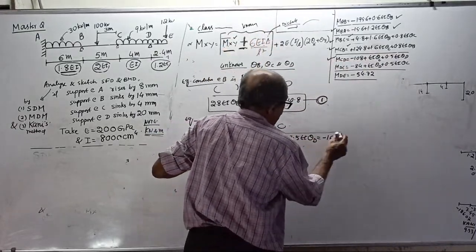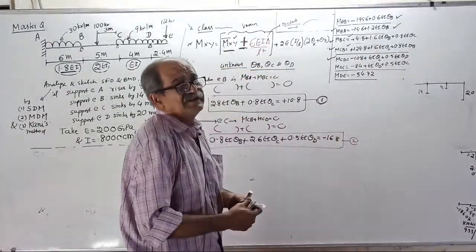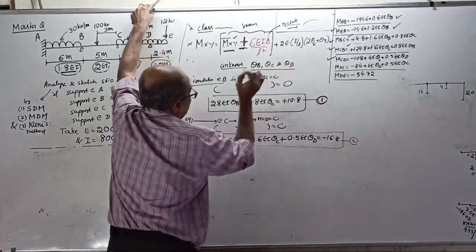This is your equation number 2. If it is the offline class, students will tell, sir, leave it, now you can do it.